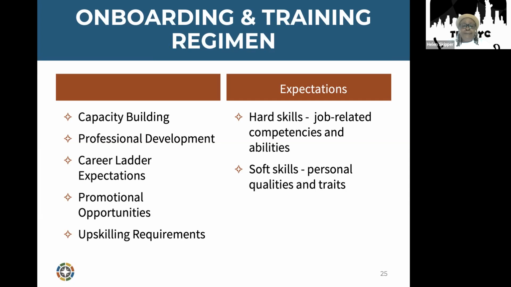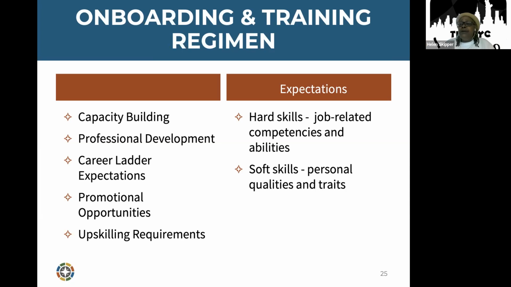Please remember to build this into your onboarding and training regimen. Please remember to build in professional development, and please remember to be a visionary and look 2, 3, 4, 5 years down the line and look at what promotional opportunities you can build into these positions.